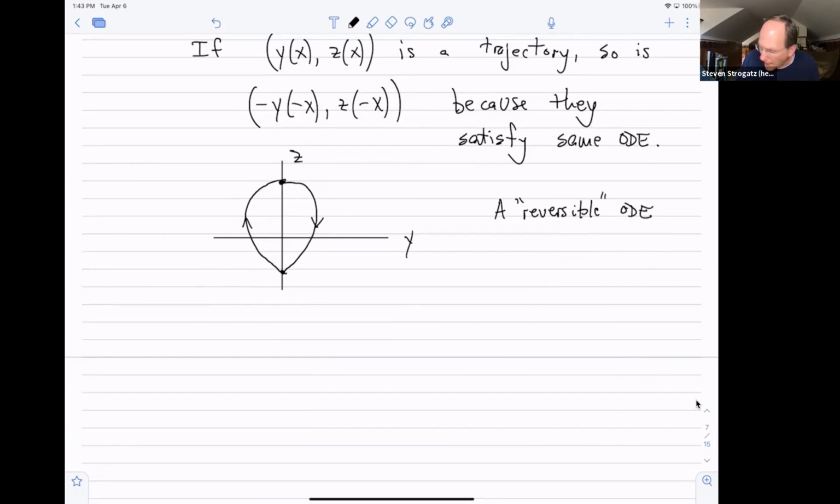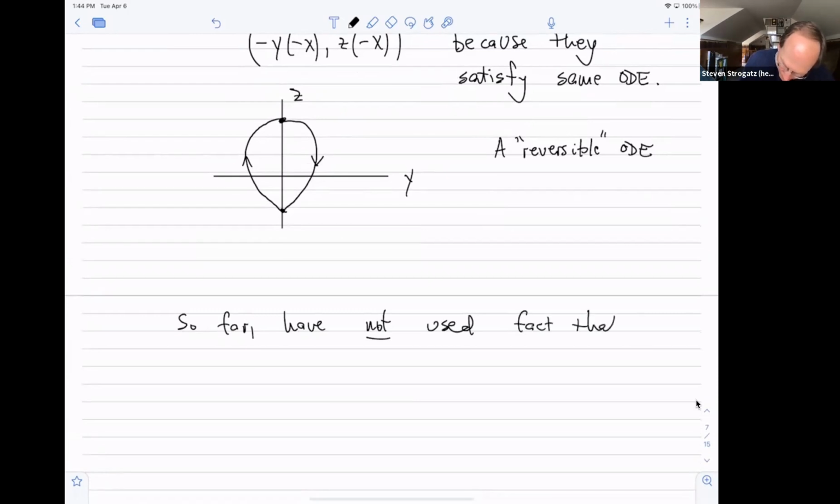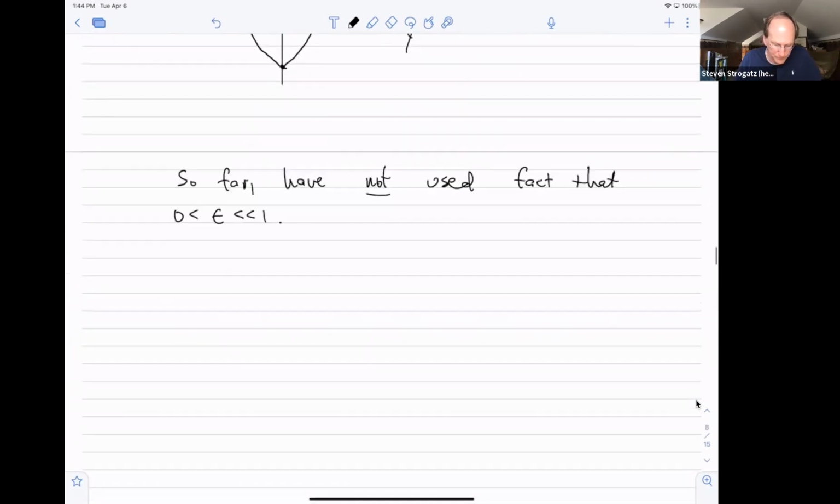Okay, so having said that, now notice so far we haven't used any perturbation theory. We have not used the fact that epsilon is small, or the assumption that epsilon is very close to 0. So let's start using that now to reason what happens in our system.